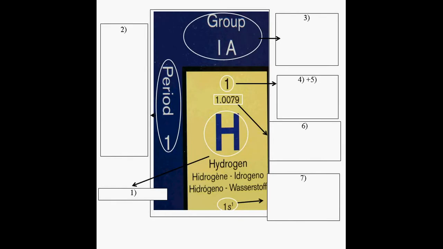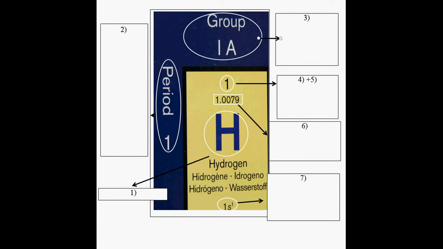So here's a little exercise. In the middle, you see the picture of hydrogen that I took from the periodic table of the elements. I circled in white 6 different items which you now have to use to get the information you need to draw the hydrogen atom.